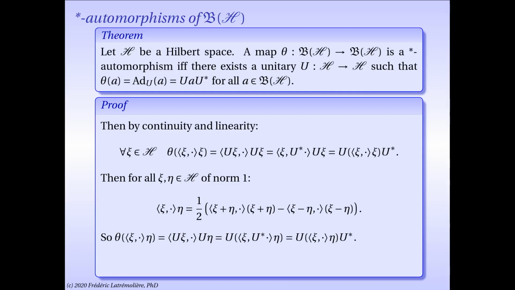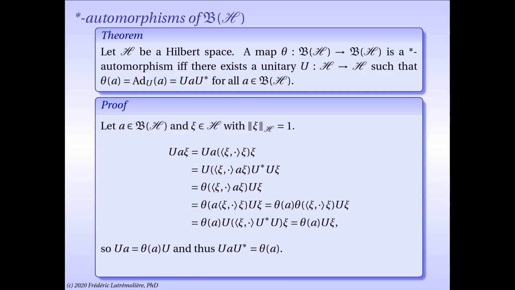And therefore, since theta is linear, when you apply theta to this expression, you get a linear combination of the images of the rank 1 projections given by the first displayed equation. It's a quick algebraic exercise to check that indeed this equals U times this rank 1 operator times U star. So the relation extends to rank 1 operators just by linearity, and a quick calculation I'll let you do.